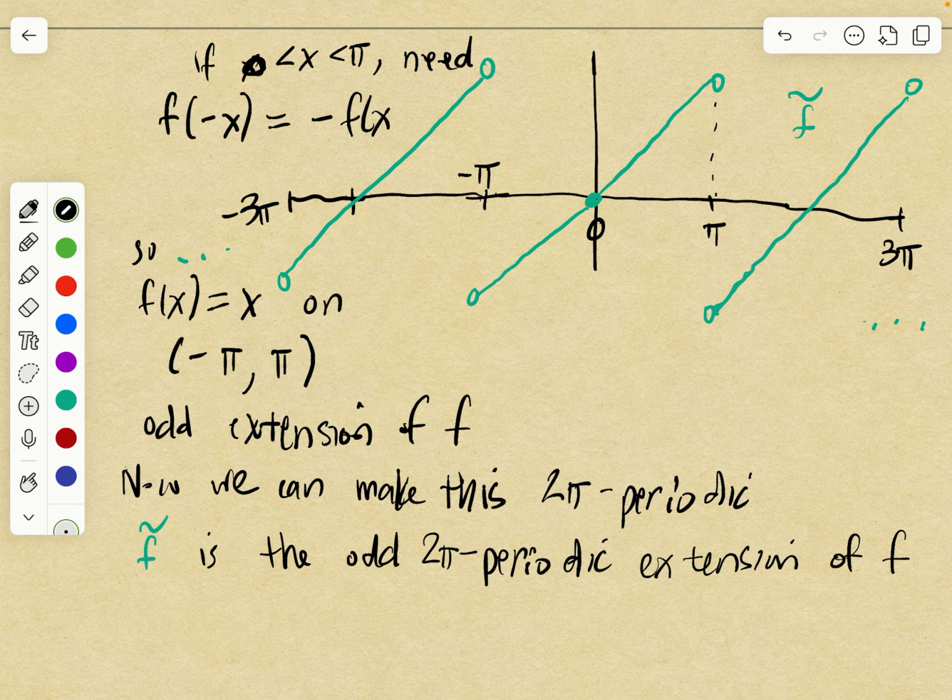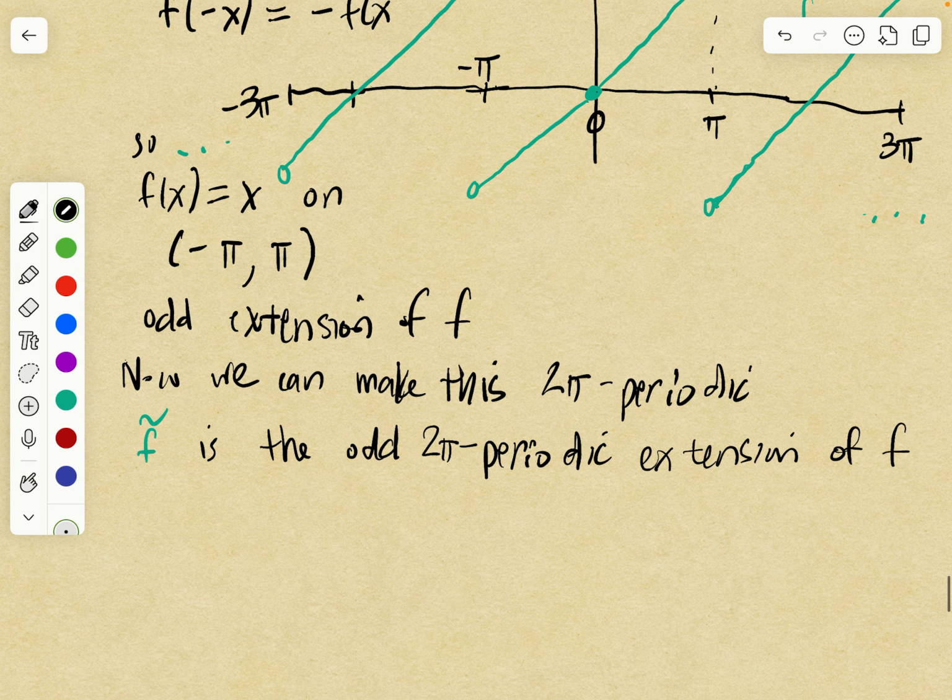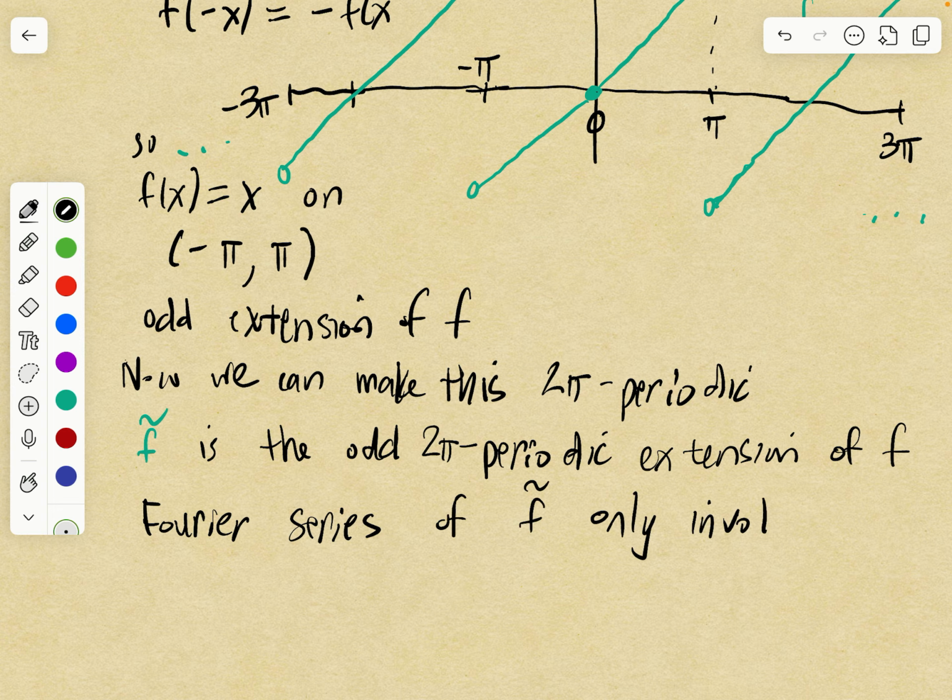So when you have an odd function times cosine of nx, which is an even function, you get an odd function, and then the integral from negative pi to pi is going to be 0. So when you have an odd function, the Fourier series only involves sine terms. So the Fourier series of f tilde only involves sine terms. That's kind of nice.